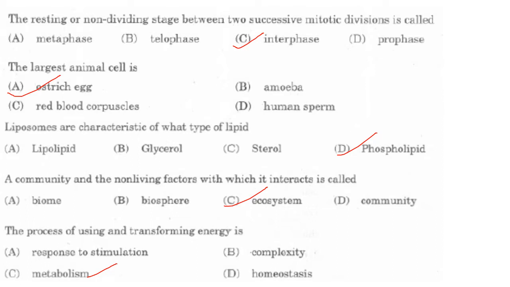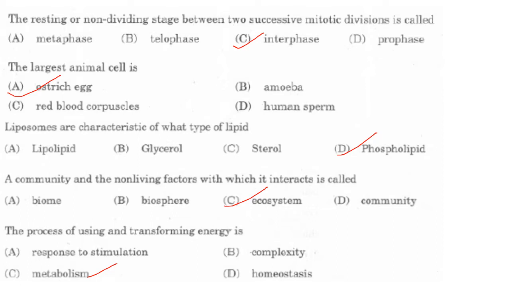A forest full of trees, undergrowth plants, inhabited by animals and rooted in soil containing bacteria and fungi. So answer is option C, ecosystem.